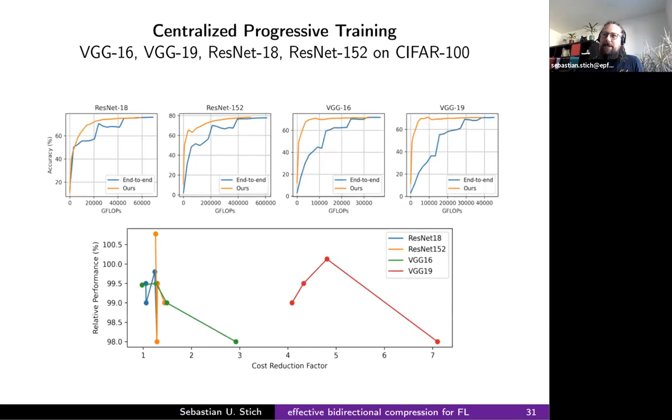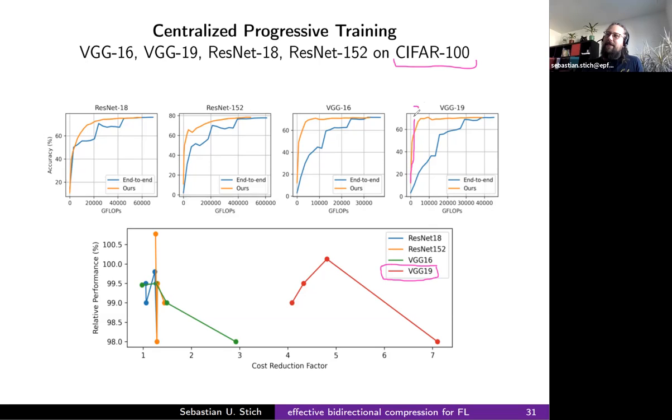So some results, just like a demo on a centralized setup. This plot shows 4 different models trained on the CIFAR 100 dataset, on a single worker. We basically demonstrate here what is the expected reduction we can hope for. It seems to work best on this red curve, VGG 19. And when you look at the learning curve, the accuracy increases very rapidly.